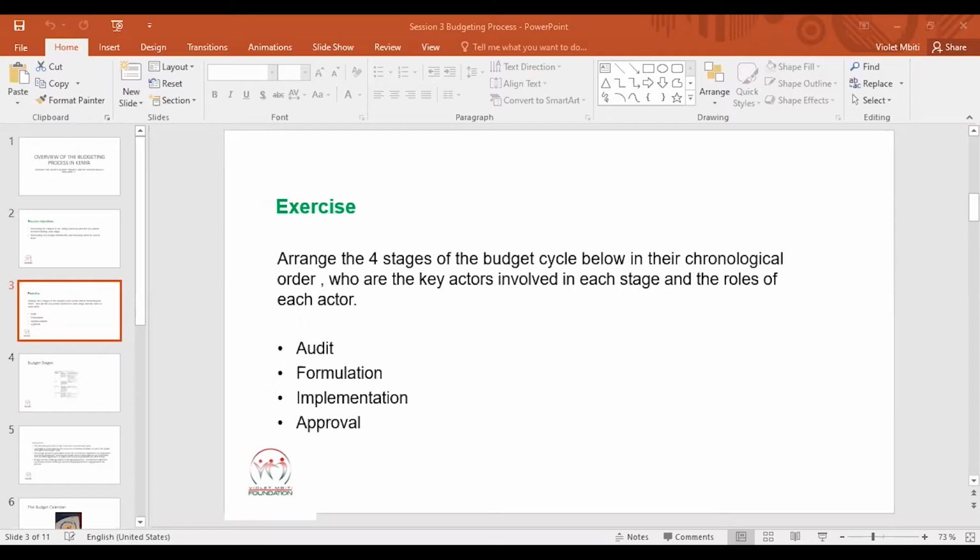With regard to formulation, Stephen, who is the key actor when it comes to formulation? Even the rest can answer in the chat and also identify who are the key actors.